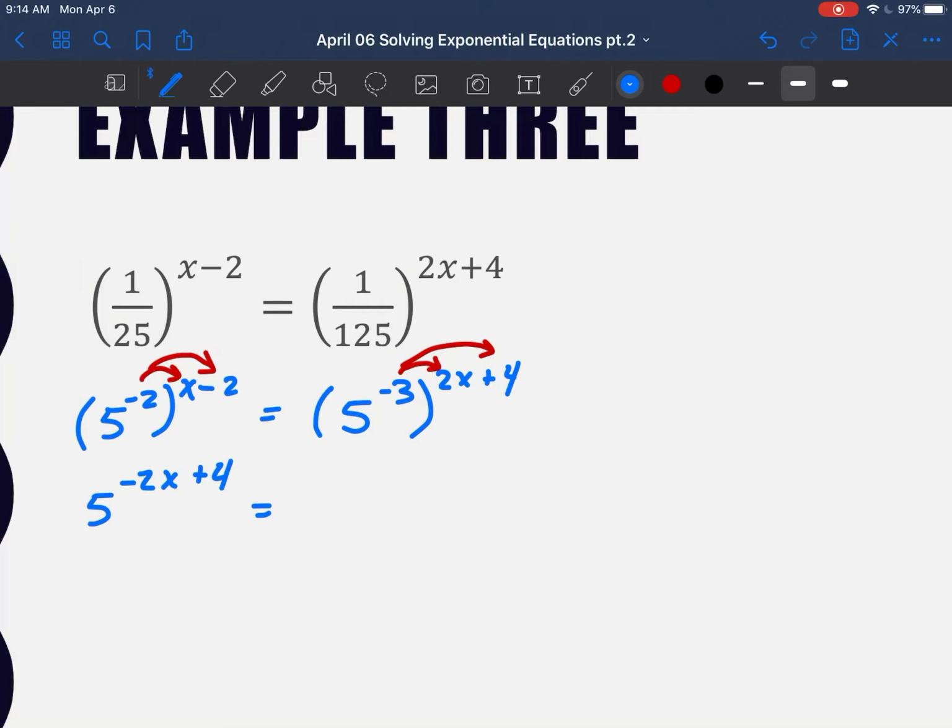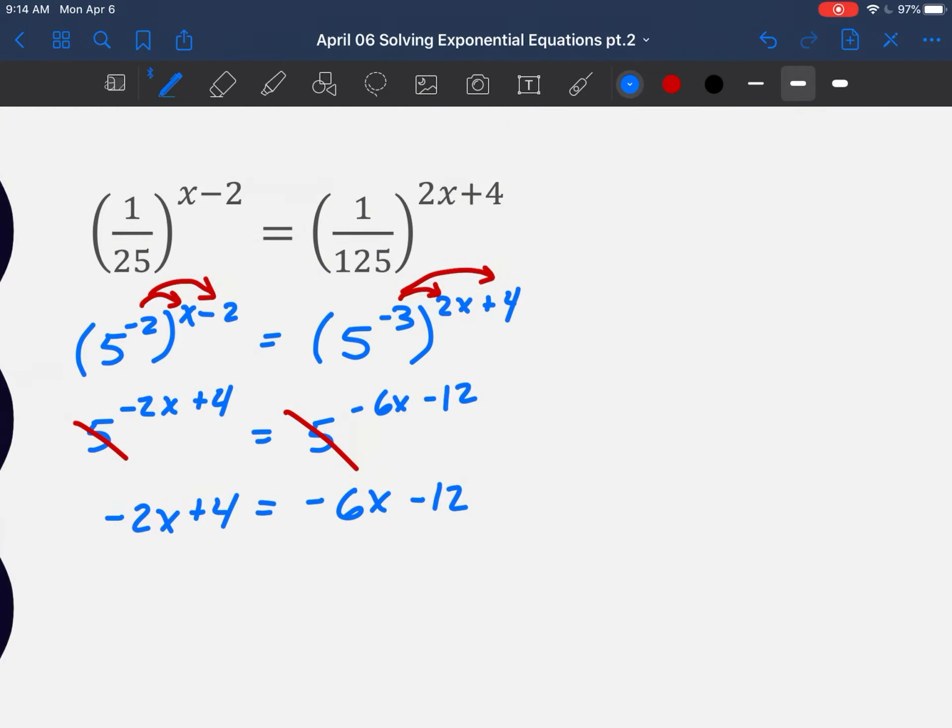And then on the right side, distribute the negative 3, so you get negative 6x minus 12. Now we have the ideal situation, bases match, cancel, cancel. Negative 2x plus 4 is equal to negative 6x minus 12.